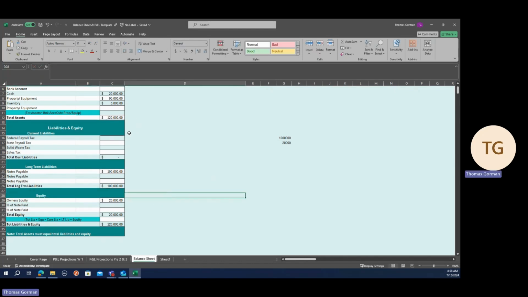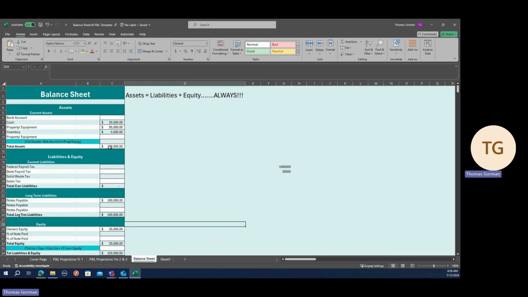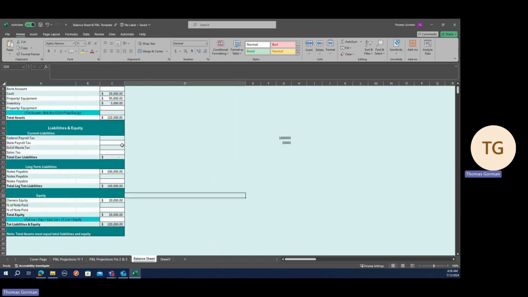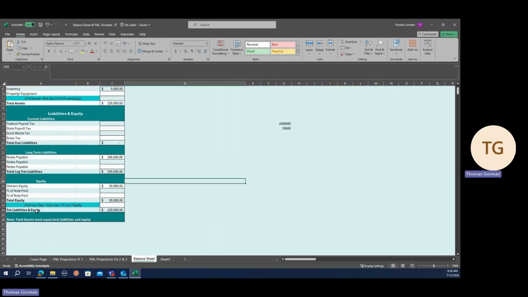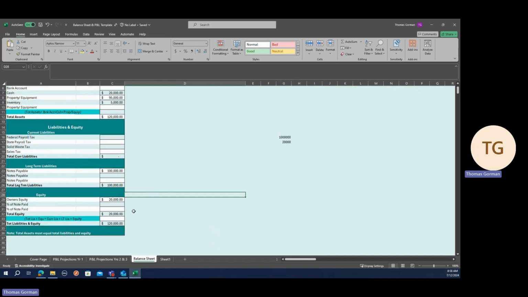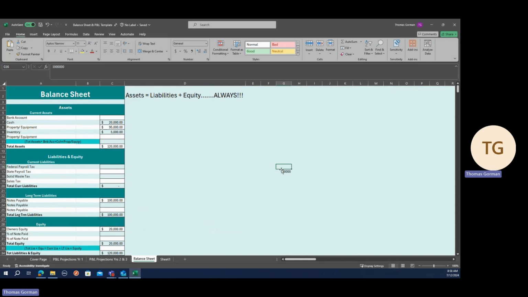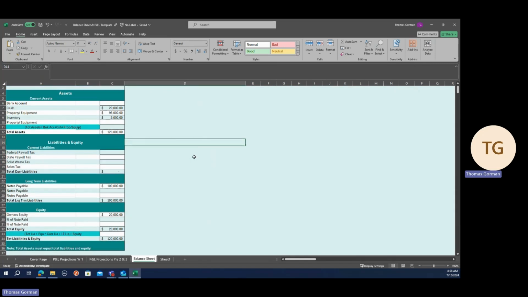And so your assets, we have $120,000 of assets. Your liabilities and equity, we have $120,000. And that basically meets the biggest rule that we have for a balance sheet, which is that it has to balance on both sides. Assets equal 120, liabilities and equity equals 120.